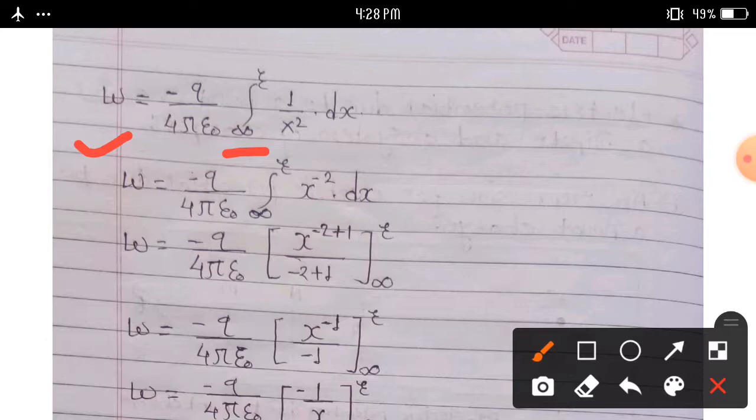Then 1 upon x square we can write as x raised to minus 2. So W is equal to minus q upon 4 pi epsilon naught integration from infinity to r of x raised to minus 2 into dx.